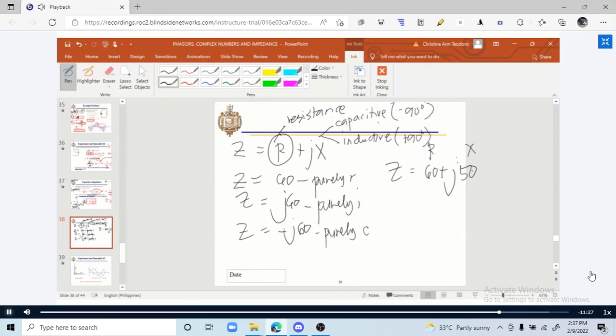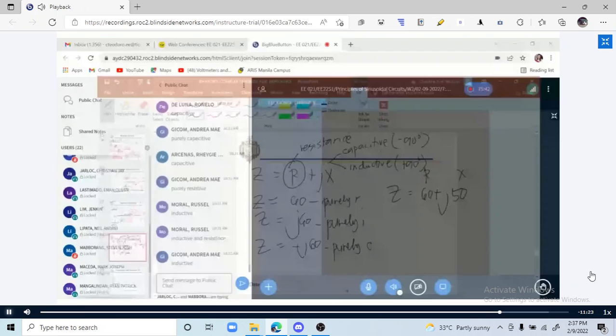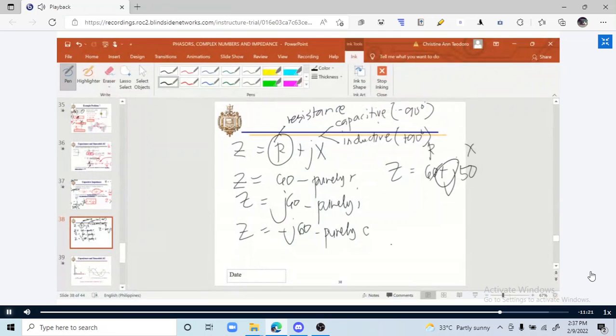So we have R here and we have basically X here. Now, what is the nature of your X? Is it capacitive or inductive? Inductive because of the positive sign. So therefore, this is XL. Correct? Now, what if I have Z equal to 60 minus j50? What composes my Z now?